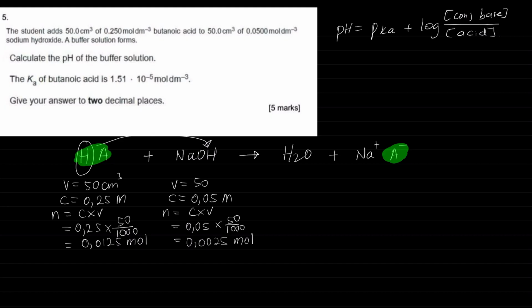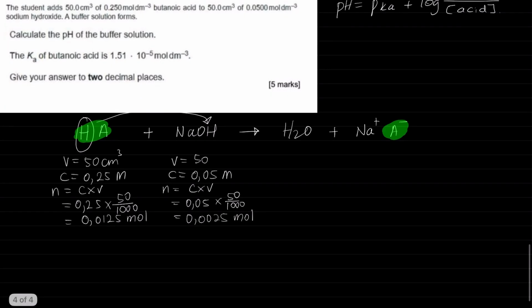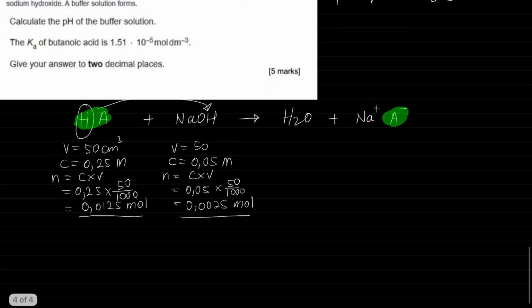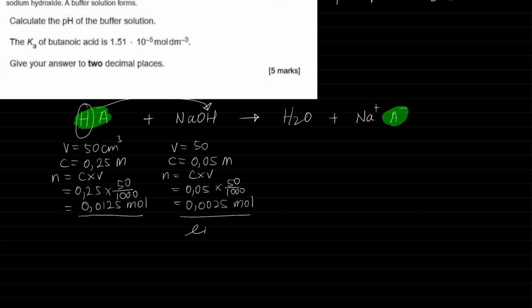Now, we need to evaluate. We can see that the number of moles of NaOH is lower than the number of moles of the acid. That means that the NaOH is the limiting reagent. And the amount of the conjugate base that forms is going to be dependent on the limiting reagent.